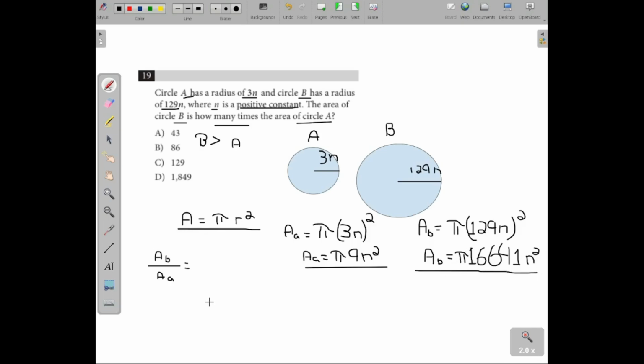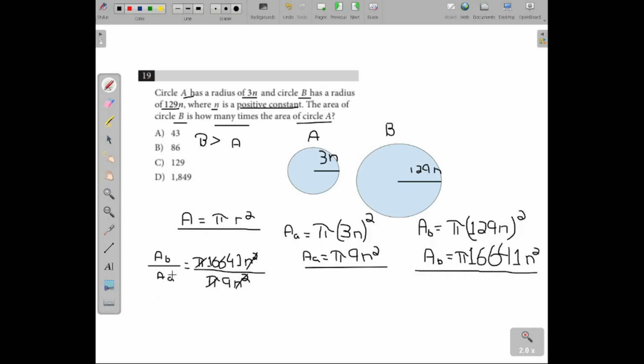Since we have the two areas, now we can divide them. So we have here pi times 16,641 n to the square divided by the area of A, pi times 9 times n squared. We can simplify the pi's and the n squared.